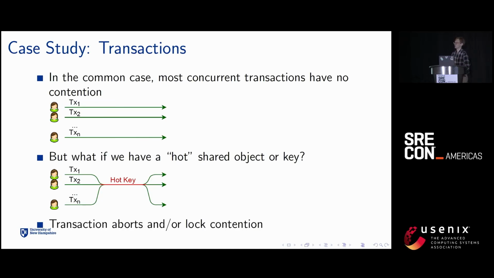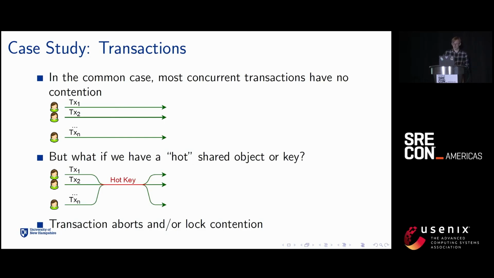Depending on the type of transactional algorithm used in the system, the transactions will either abort and restart and retry, which will use the resources of your system without actually producing any useful work. Or the transactions will queue up, waiting to acquire a lock, and they will wait and wait and wait, again using the resources and not providing any useful work.